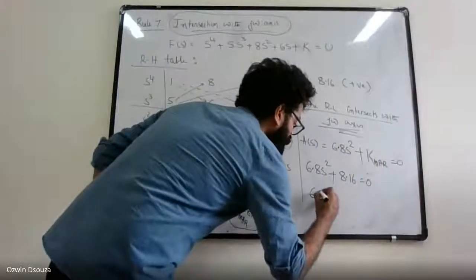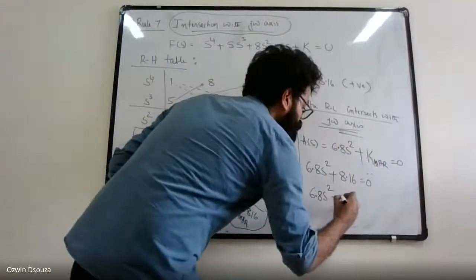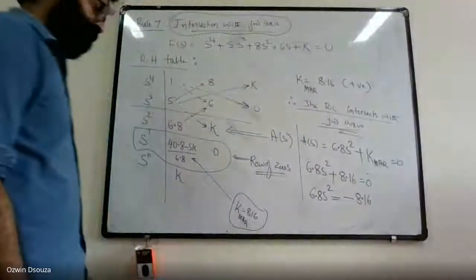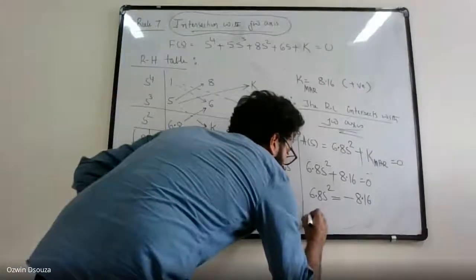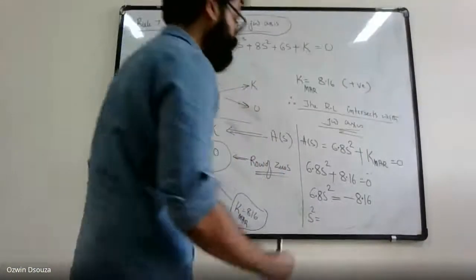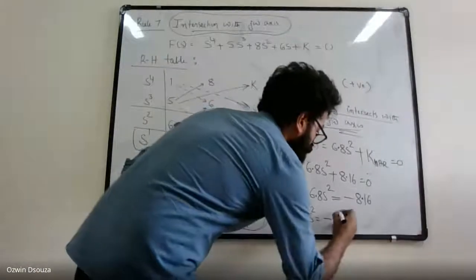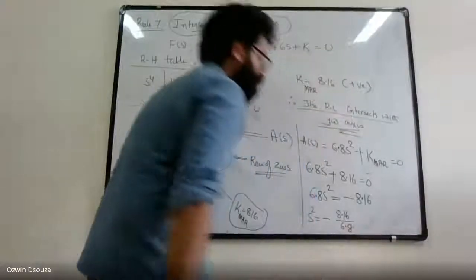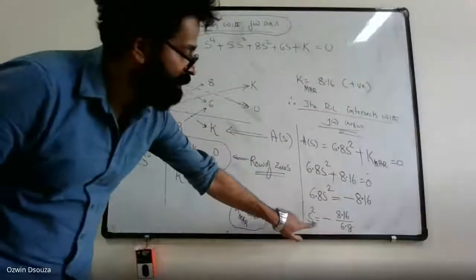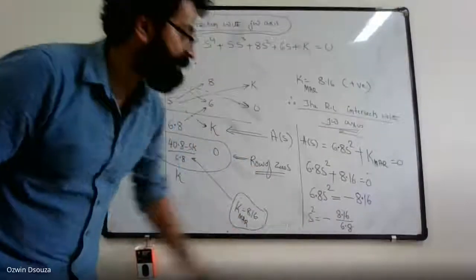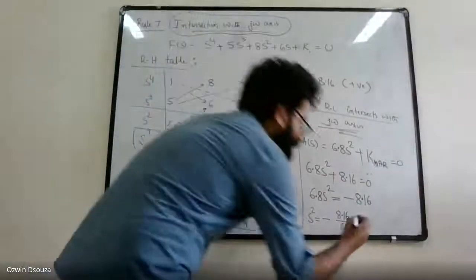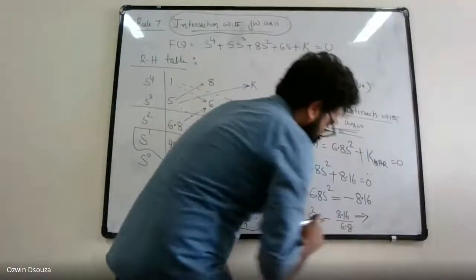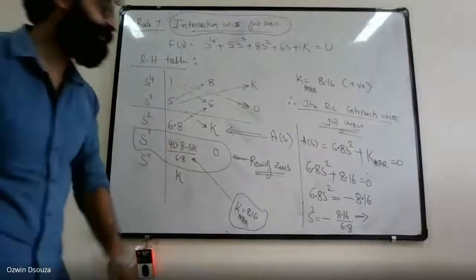So 6.8 s square is equal to minus 8.16, or s square is equal to minus 8.16 divided by 6.8. So what are the roots, s1 and s2?